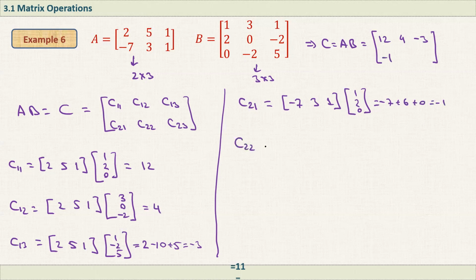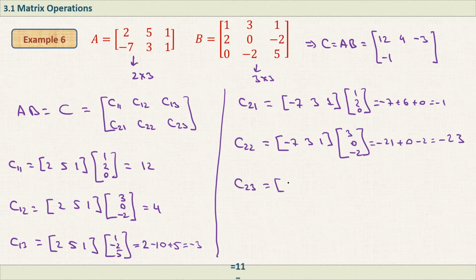And how about C2,2? That's again the second row by the second column, negative 7, 3, 1, multiplied by the second column, 3, 0, negative 2, which is equal to 3 times negative 7, negative 21. 3 times 0 is 0. 1 times negative 2 is minus 2, which is equal to minus 23. And how about C2,3?